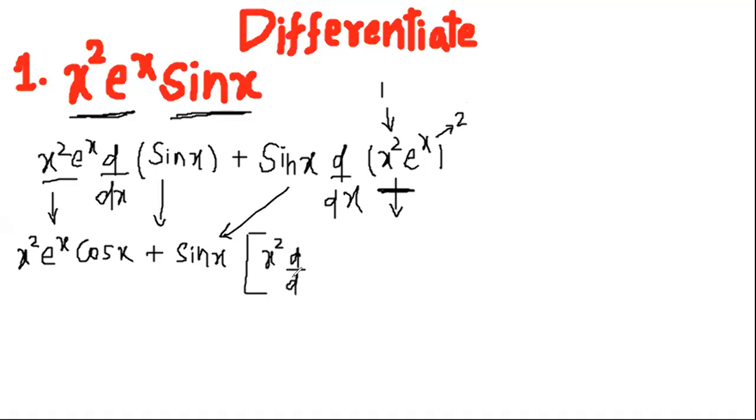So second term is e to the power x. So you can write d by dx of e to the power x. Put addition sign. Then now we will leave e to the power x. We have to differentiate now first term, which is x square. So you can write now d by dx of x square. Close the bracket.